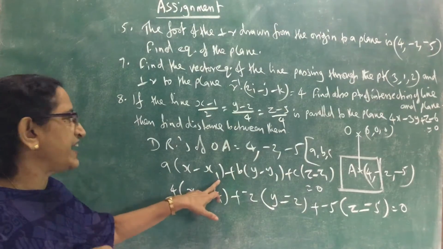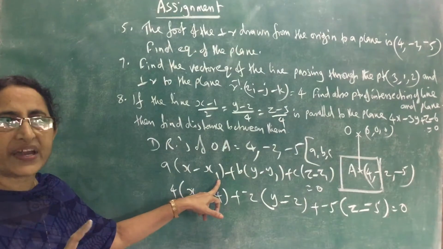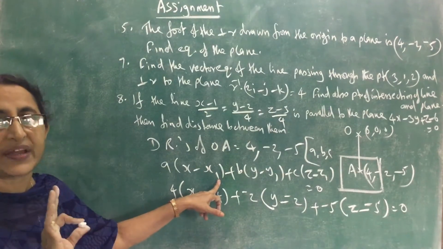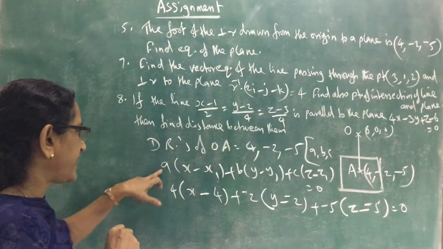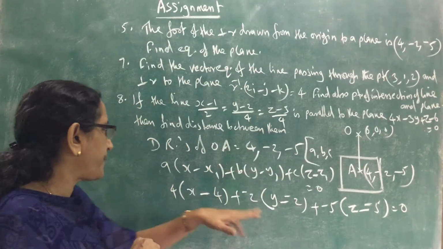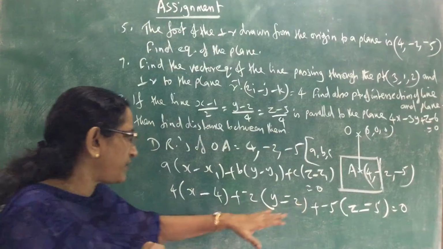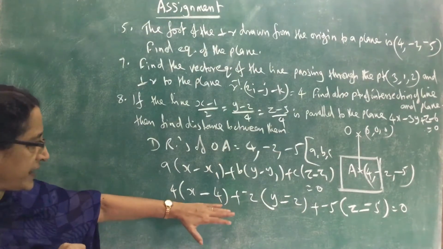That is the formula if you know one point in the plane and the direction ratios of the normal to the plane, a, b, c, and one point in the plane (x1, y1, z1). Then we can write the equation of the plane.